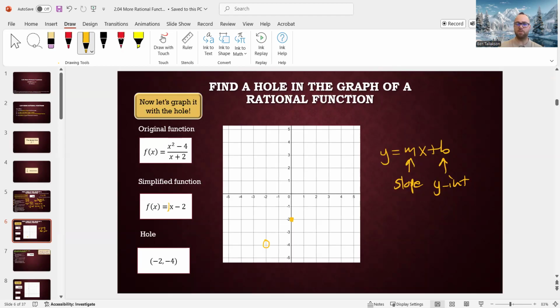And we need slope to be in rise over run. So let's rewrite 1 as 1 over 1, which we can totally do. So now we have the rise over the run. So we're going to connect our dots with that slope. And there it is, our graphed function with the hole.